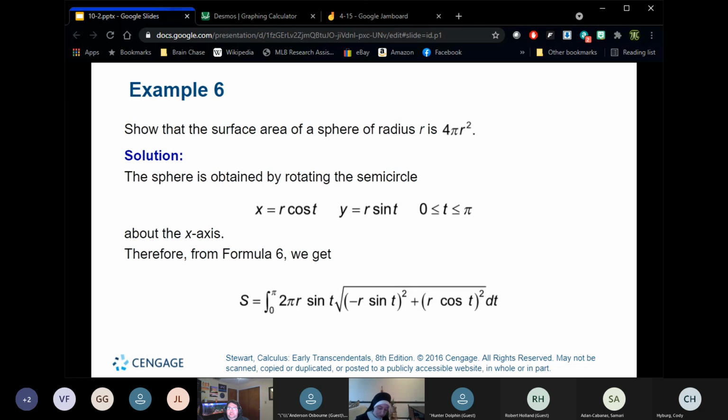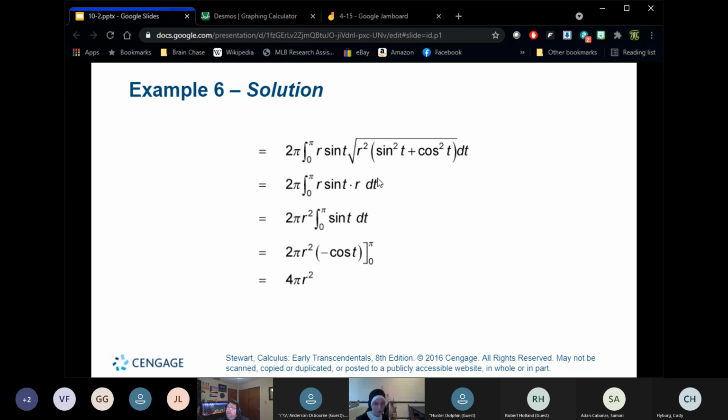Any questions on what we just did there? All right, so now we're going to go through and simplify this out. I can pull out the 2 pi, so I don't have to worry about that part. I have an r squared inside here, so that just becomes r.